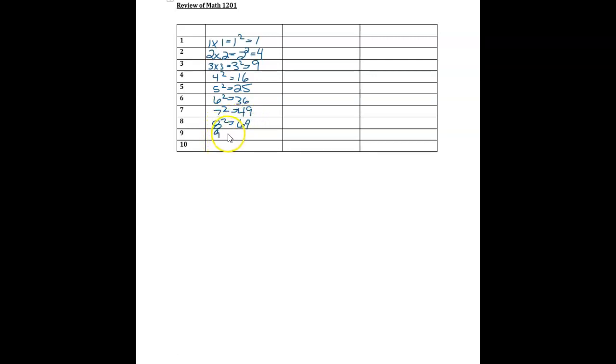And just to finish off, I have to fix that one above. 9 squared is 81. Let me just fix this one too. It should be 64. Sometimes the 4s look like 9s when I write them. And 10 squared, it's 100.